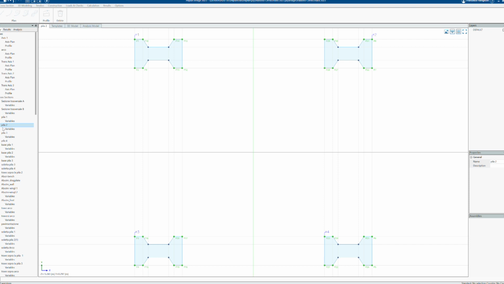The foundations, here called base piles 1 and 2, the types of foundations were instead defined by the original design documentation and were correctly placed thanks to the surveys we ordered.